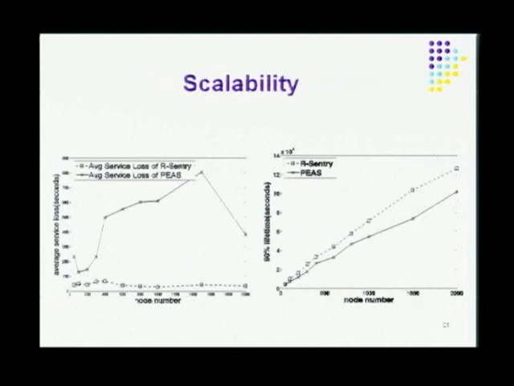Thank you. So, scalability. As I answered, it's a distributed algorithm. When the density of the nodes increases, R-Sentry is still doing good in terms of average coverage loss time, and in terms of lifetime it's sort of linear, which is not imaginable in the real world because, like I said, this is a simulation implemented as an event-driven simulator.